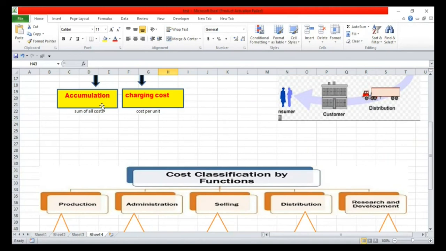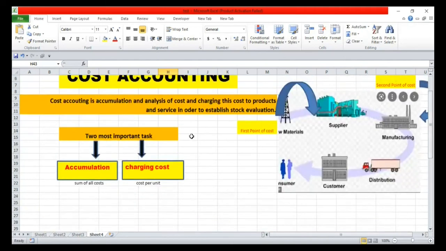Different tasks and analyses are performed on the basis of these costs, and we also check which department is incurring more cost and how efficiently and effectively that department is performing its duties. So these costs are determined through this process.